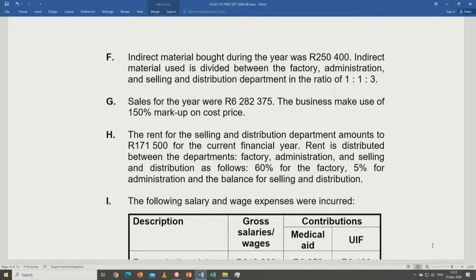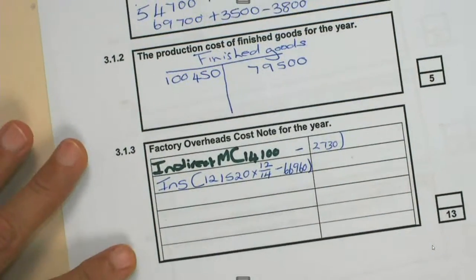The first thing that you do with the ratio, you add it. So 3 plus 1 plus 1 gives me 5. So factory will get 1/5. That's their portion of the indirect material. Let's do that. Okay.